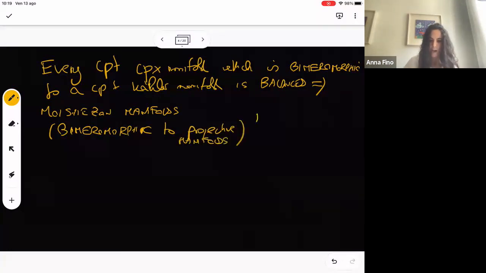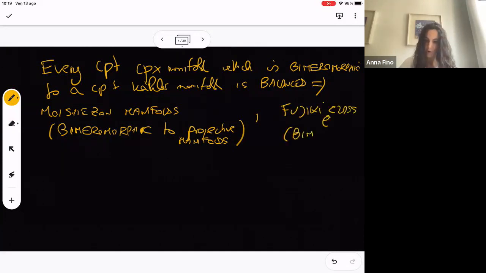And in general, manifolds which are bimeromorphic to compact Kähler manifolds are in the Fujiki class C. So we have Moishezon manifolds, which are balanced, but also the complex manifolds in Fujiki class C, okay?